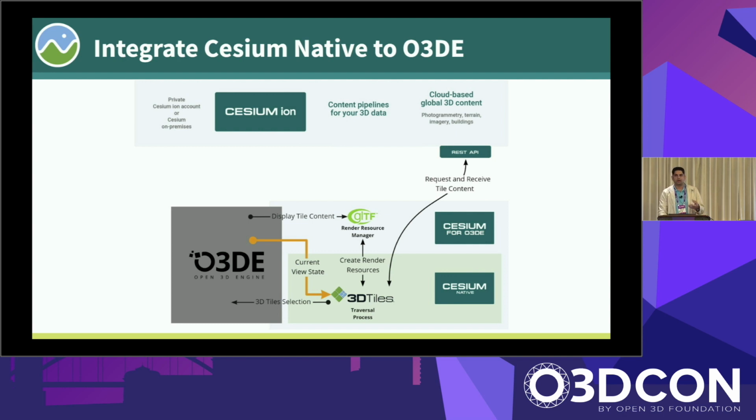Based on that, Cesium Native is able to calculate which tiles and which cities you're looking at. So if you're looking at New York, you don't have to stream the data for San Francisco. You only get the data that you need for your scene. From there, we run those selection algorithms and then get them from the cloud, process them, and then pass the native objects to O3D for visualization.